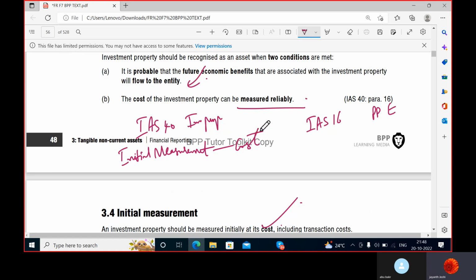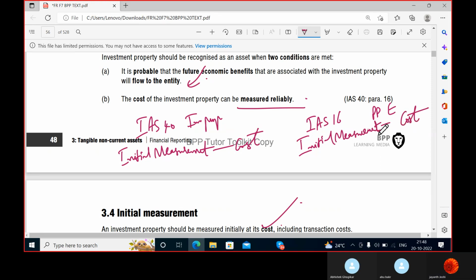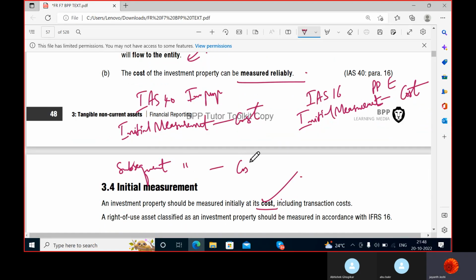In all the things, whatever you have paid to buy the property, here even initial measurement at cost. Okay, now subsequent measurement either at cost or fair market value.